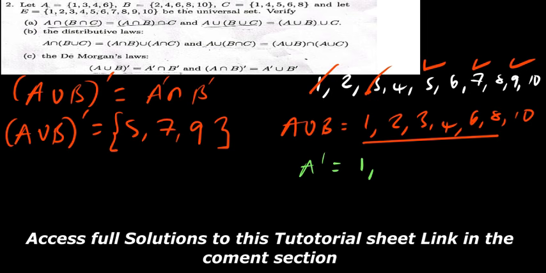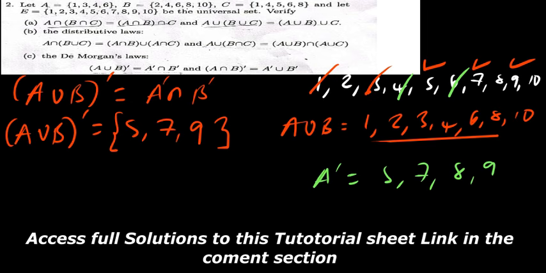So I need to remove 1, I need to remove 3, I need to remove 4, I need to remove 6. That's all. So A complement is 5, 7, 8, 9, 10.